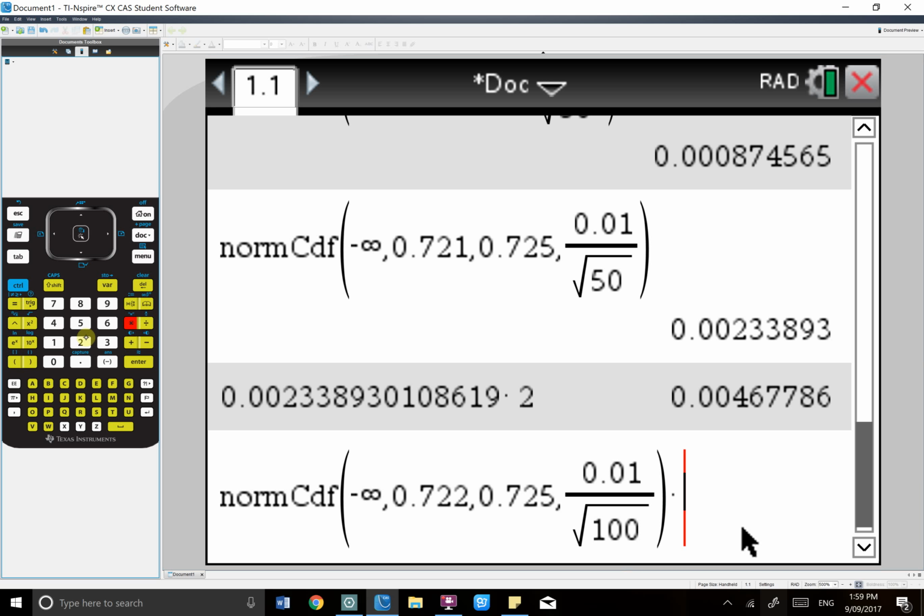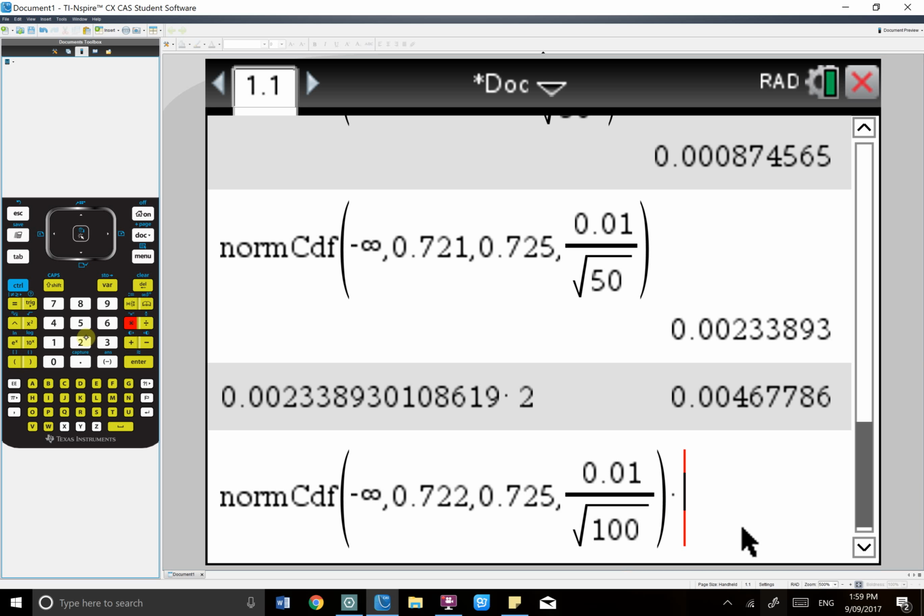0.0027. Should I reject H0 in this case? Take that to a percentage. How many percent? That's 0.27%.